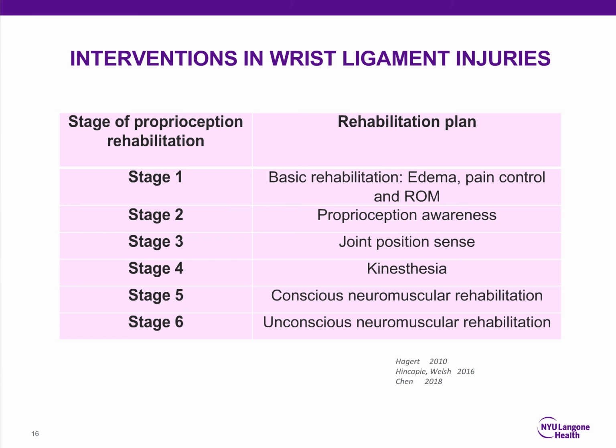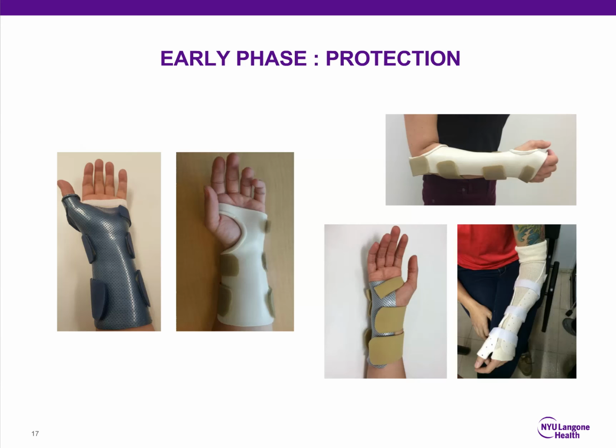Stage 2 includes proprioception awareness. Stage 3, joint position sense, kinesthesia, and the elements of conscious neuromuscular rehabilitation and unconscious neuromuscular rehabilitation. Over the years, some other authors have worked on this rehabilitation plan.